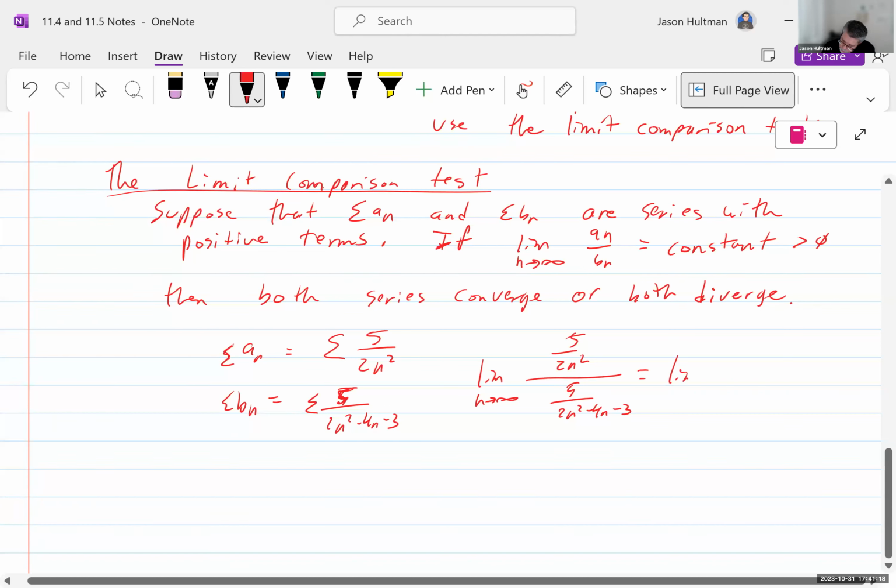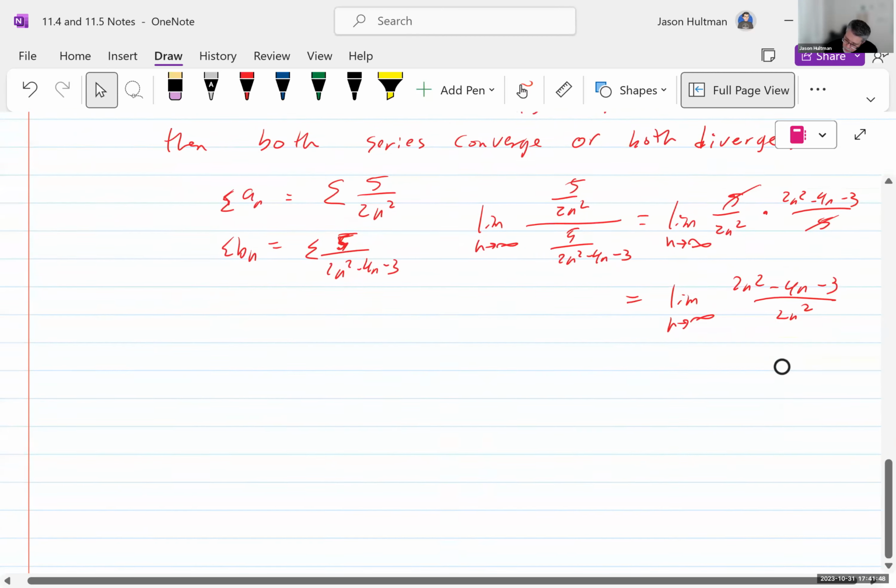This is going to be equal to the limit as n goes to infinity of 5 over 2n squared times 2n squared minus 4n minus 3 all over 5. Okay, so this is equal to the limit as n goes to infinity of 2n squared minus 4n minus 3 all over 2n squared. And I can break this up over a common denominator.